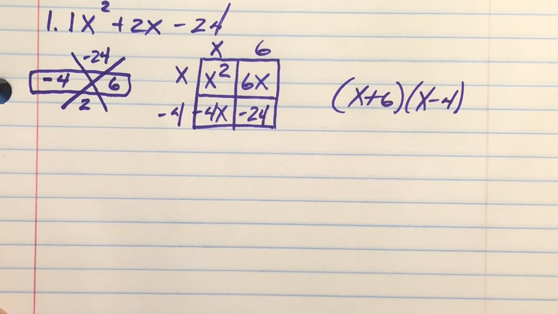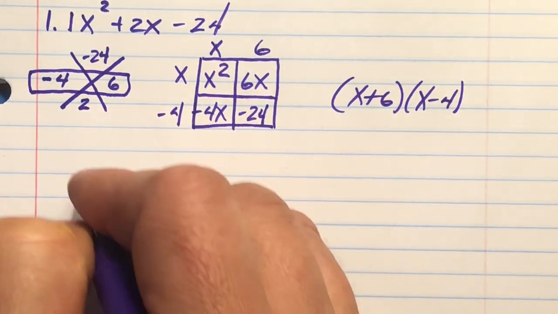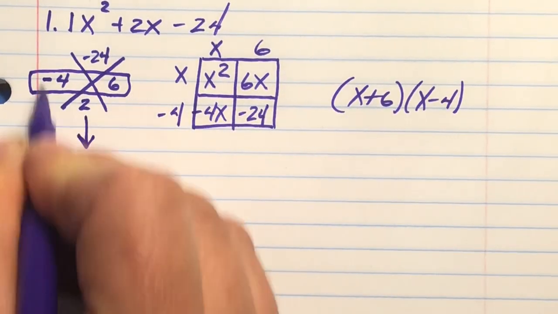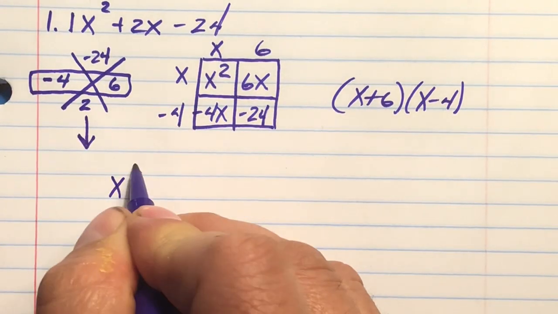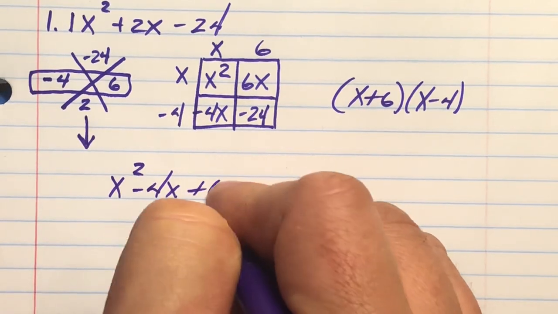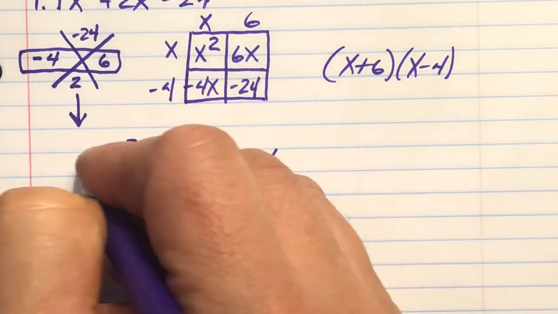All right, now just for this one, I will use grouping as well. So we already know what the factors are. This is the same step that we would use in grouping. I'm just going to rewrite it as x squared minus 4x plus 6x minus 24, all right?